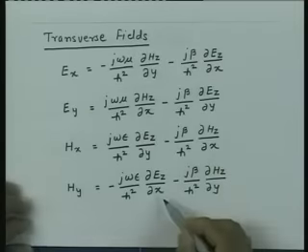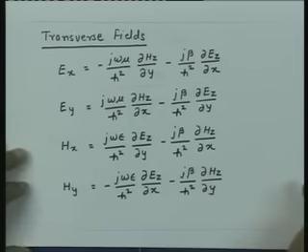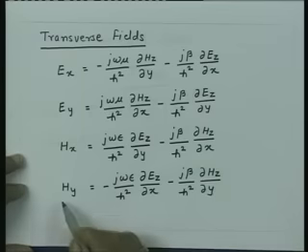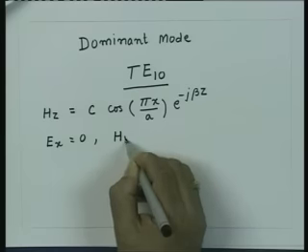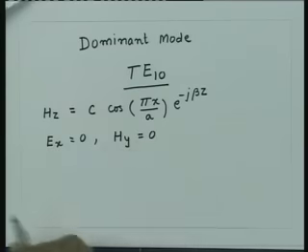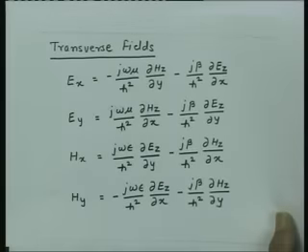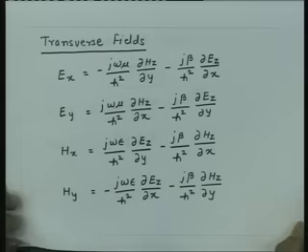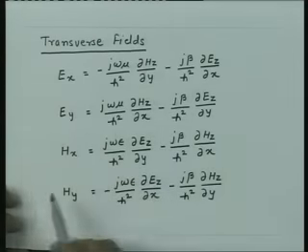Similarly, for Hy, Hz again has a derivative with respect to y, so this quantity also will be 0. So for this mode Hy will also be 0. The quantities which we will have for this field include Ey.